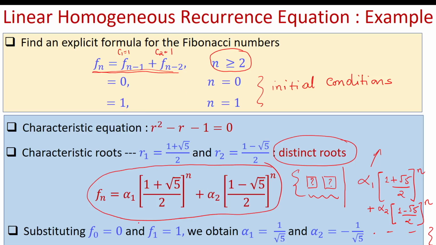That means I have to substitute n equal to 0 and n equal to 1 in this general formula. Then I will get two equations in alpha 1 and alpha 2, and by solving them, I can get the exact values of my constants: 1 plus 1 over root 5, and minus 1 over root 5. Then I will say that here is the exact solution of the actual Fibonacci sequence, which satisfies not only the initial conditions, but also the recurrence condition.